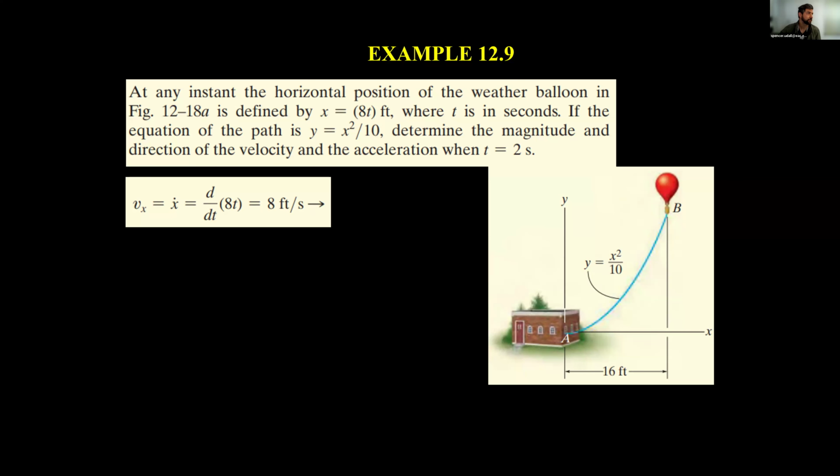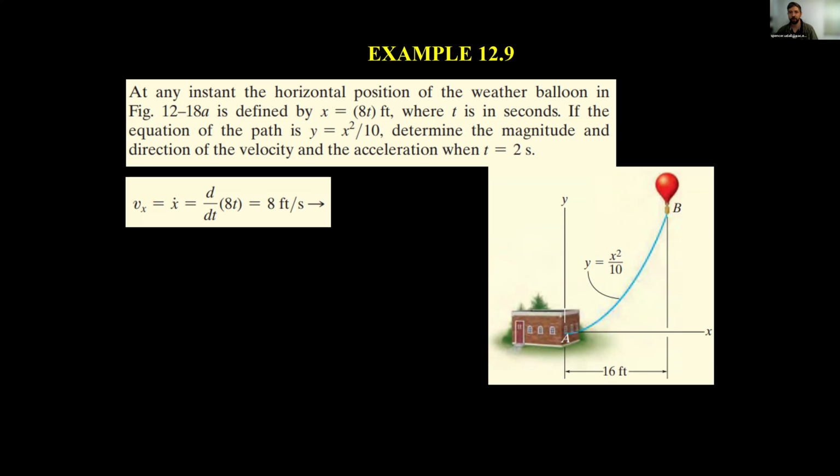What would the magnitude be? 0. So what does that mean about our x acceleration? It doesn't have any. So it's moving to the right, but it's not accelerating to the right. Which makes sense, the hot air in the balloon isn't going to make it speed up very much to the right, mostly just up.